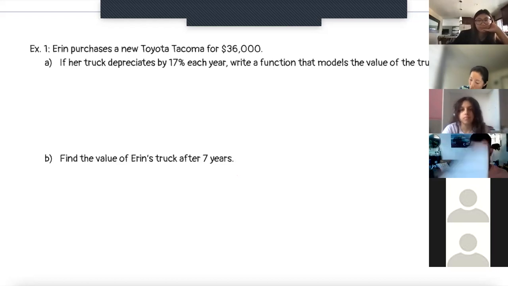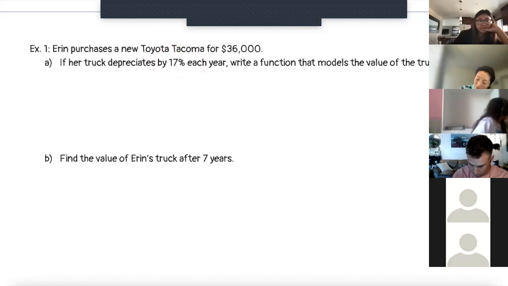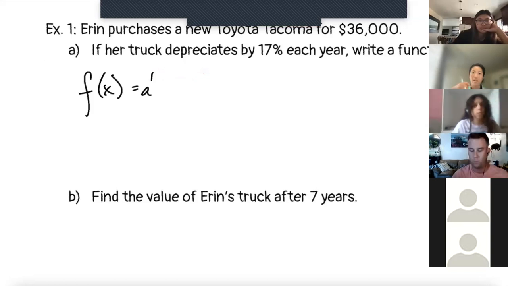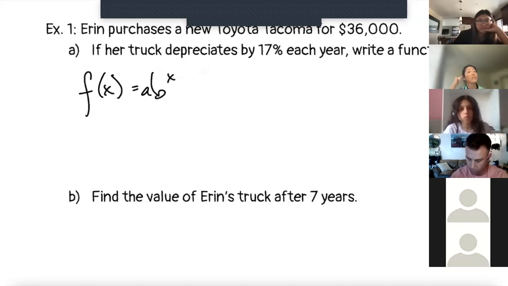So as we're looking at this problem, a few things pop out at me. I see this 17%. As soon as you see that 17%, I want you to be thinking this. You see that percent, you're thinking, oh, this is an exponential situation.